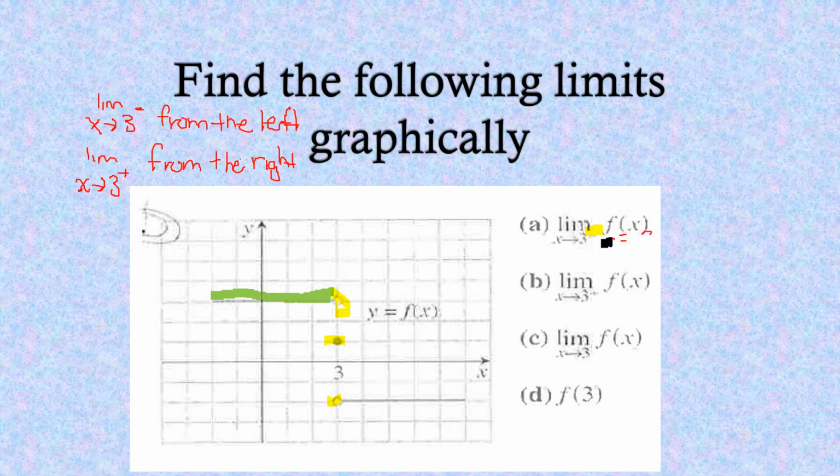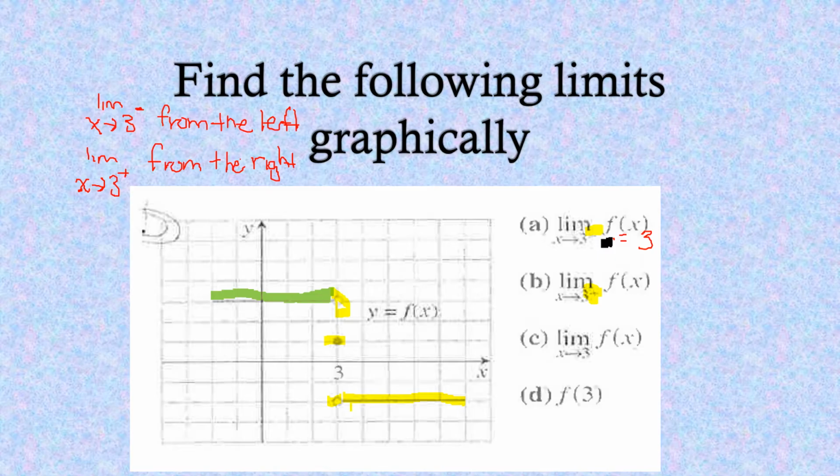So that's equal to 3. Then when we have the limit as x approaches 3 from the right, we're going to trace this. Starting from the right, we're coming into the graph, and we see that it's approaching which number? Negative 2.